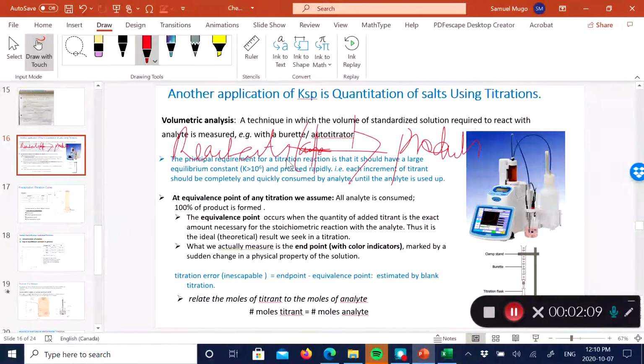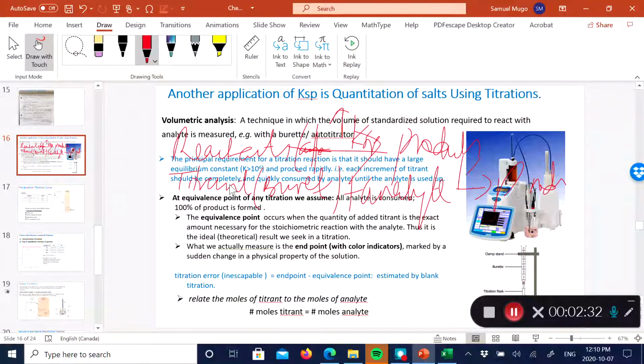The K needs to be very, very large. Of course your reactant in this case would be your titrant, whatever is coming from the burette, plus your analyte, going to whatever the products. All right, so that is the K that we are talking about.